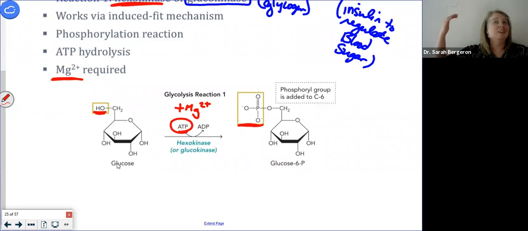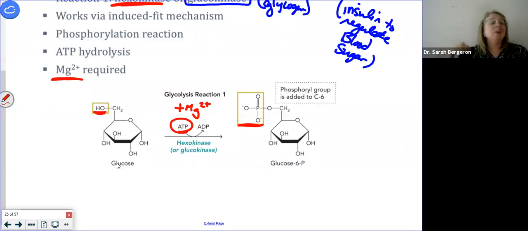Not necessarily receptors, right? Receptors are like insulin. So if insulin binds to a cell, right? Then it's going to tell the cell, hey, you need to pick up glucose. So how does that work? You're going to have a transport, right? You're going to have to transport the glucose from outside to inside the cell.